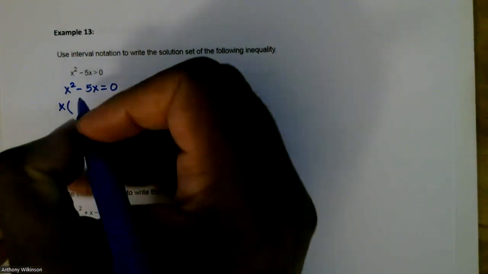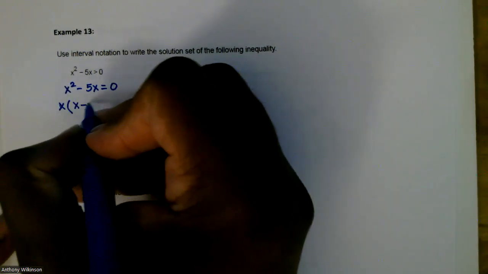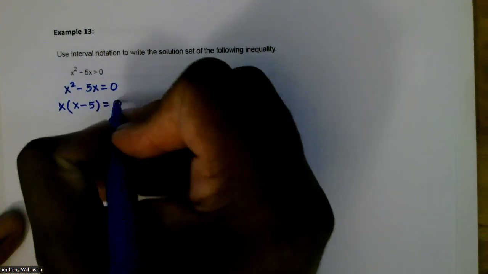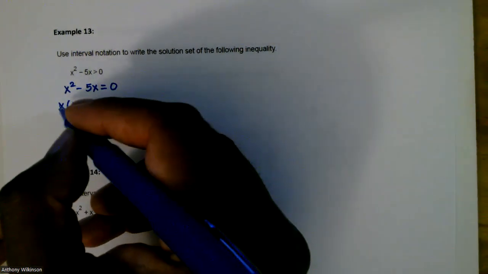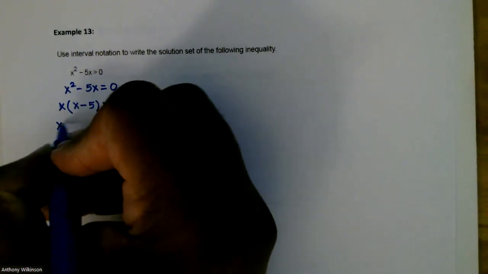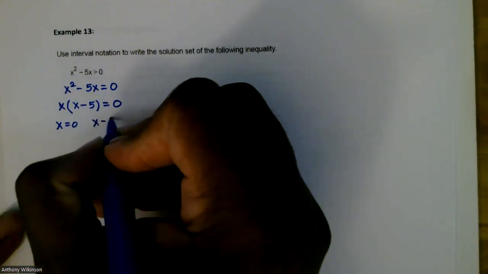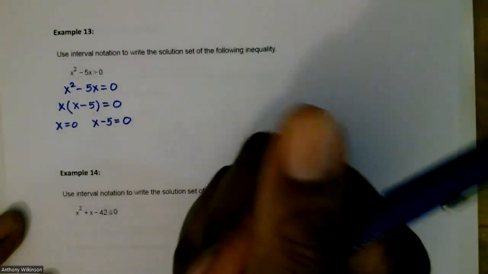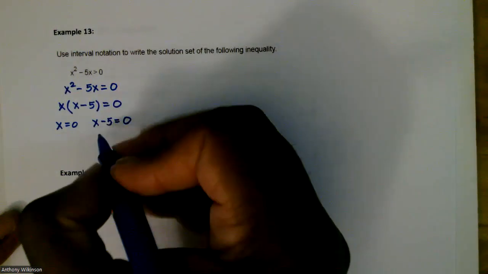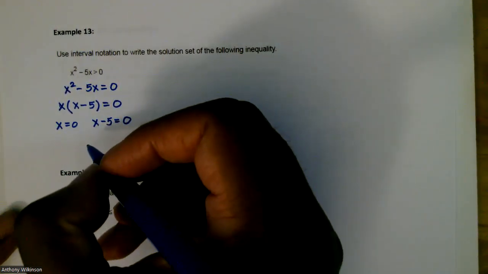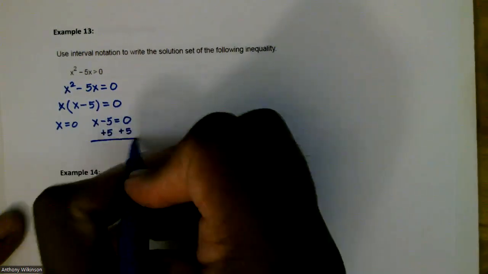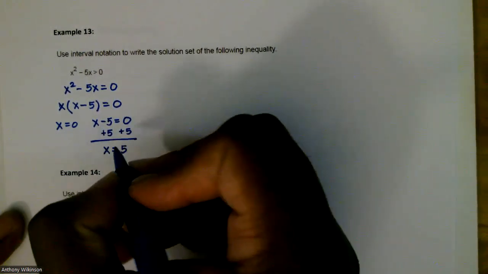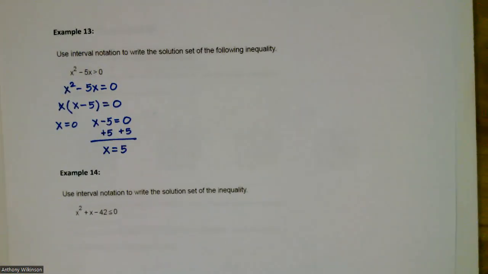So I'll factor out the x, and I'll be left with x times (x minus 5) is equal to 0. Then, using the zero product property, x equals 0 and x minus 5 equals 0. x equals 0 is already solved for x, and for x minus 5 equals 0, x has to be equal to 5. So I know my two x-intercepts will be at 0 and 5.